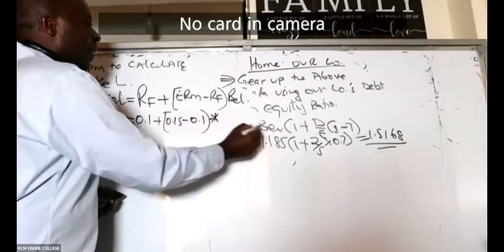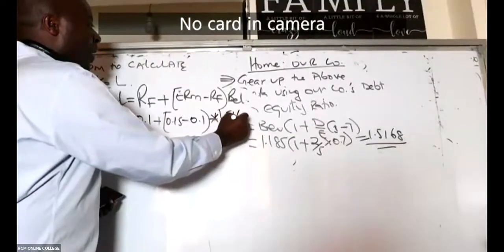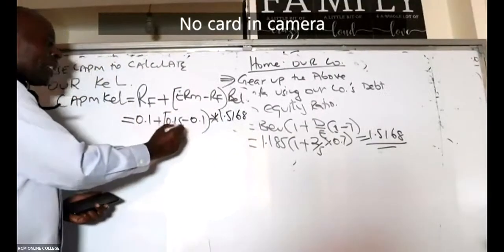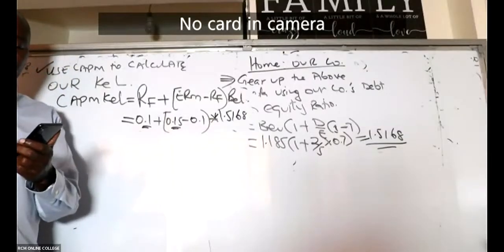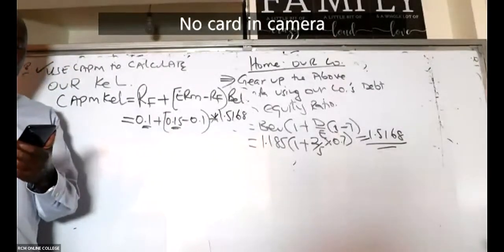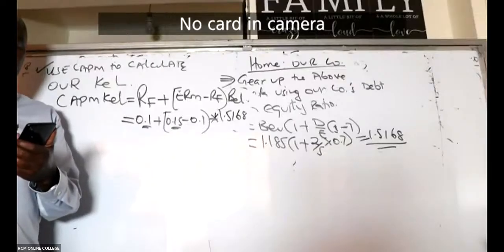Multiply this by the beta that you guys have given me, 1.5168 like that. I hope all of us are able to see this risk-free and we are able to see the returns from the market portfolio. They've told us there that the average return on the stock market equity is 15.